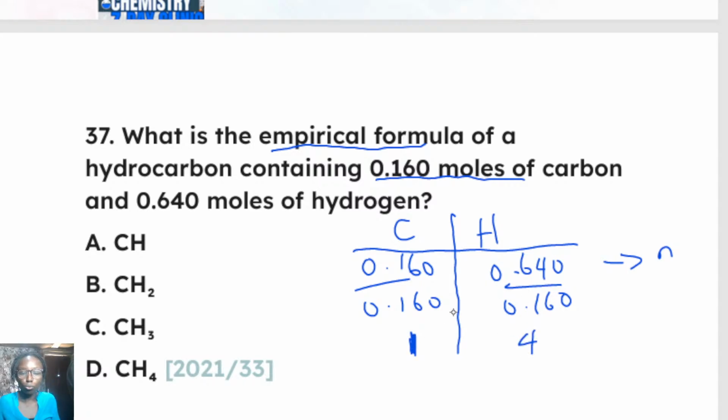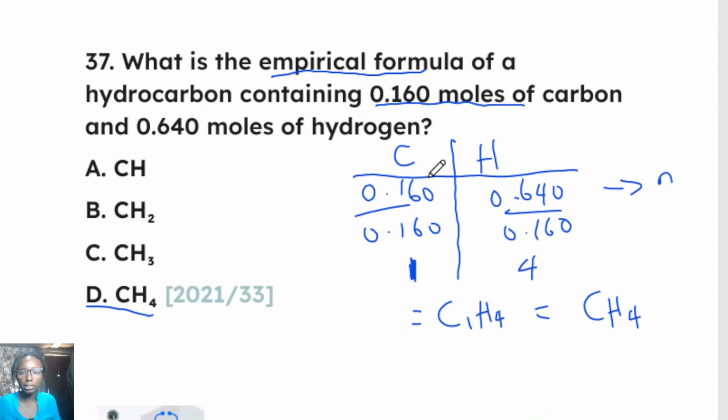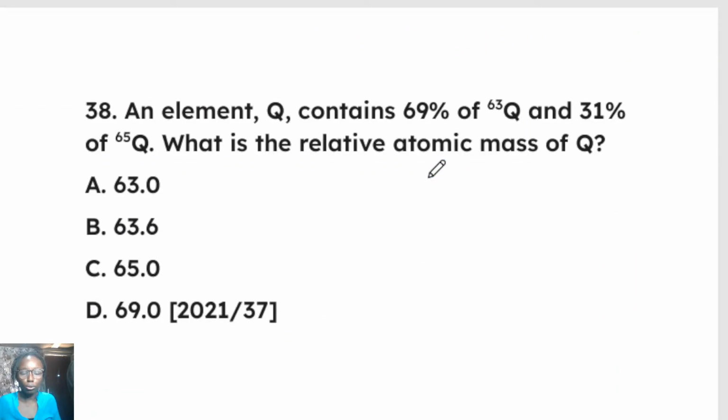So we now have 1 for carbon and 4 for hydrogen. So our empirical formula is C1H4, which of course you know is CH4. So that looks like option D. Empirical formula is straightforward. Remember, if you wanted to get your molecular formula, we'll have to multiply it. I will show you once we get to a question like that.